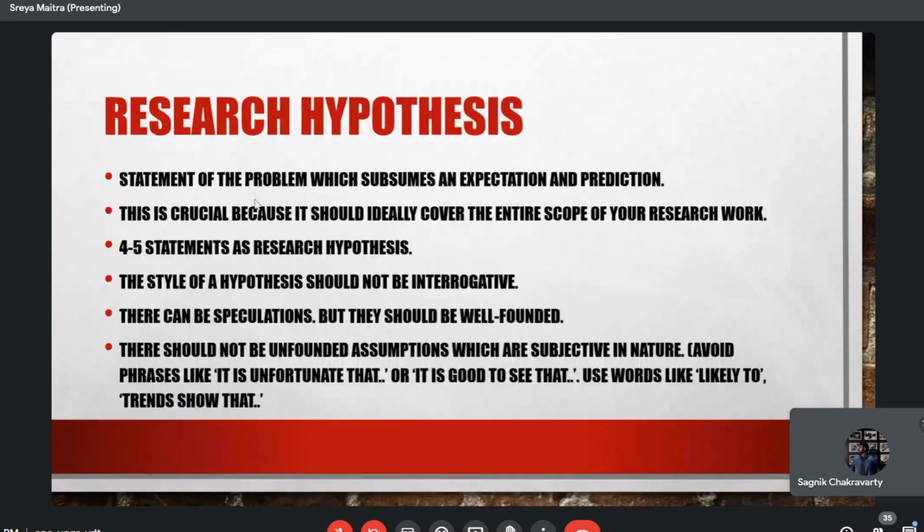One very important thing that I forgot to tell you is that a research hypothesis should ideally have 4 to 5 sentences, statements. Say again for the NEP example, depending on what you want to work on, you can start with the National Education Policy being a landmark. Second, the immediate feedback shows that there can be challenges in implementation.